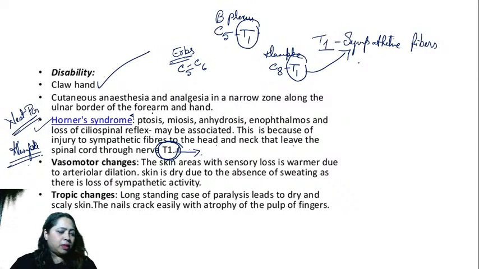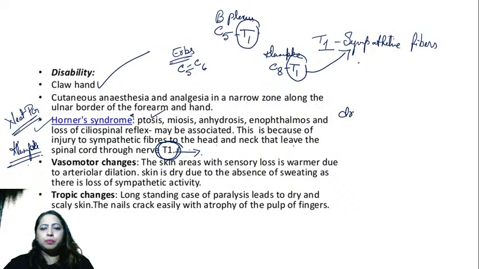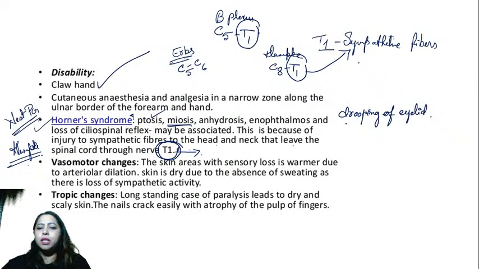The person will have ptosis. What is ptosis? That is drooping of eyelid. You can see miosis. And what is miosis? That is the pupillary reflex is lost.